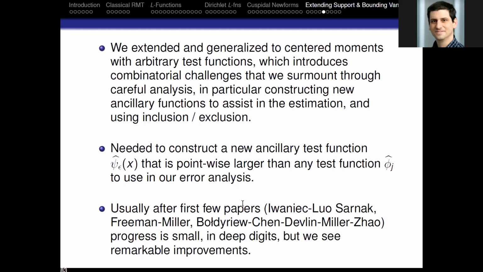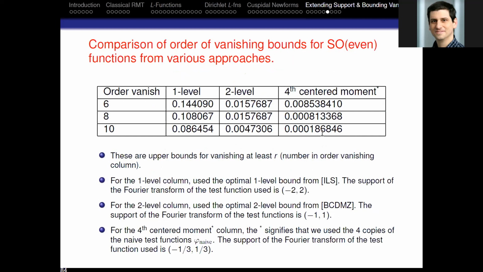So with one of my students, we actually figured out how to generalize to allowing phi1, phi2, ..., phi-n to be different. The key ingredient was we needed to come up with a new ancillary test function that we could use to pointwise bound things.